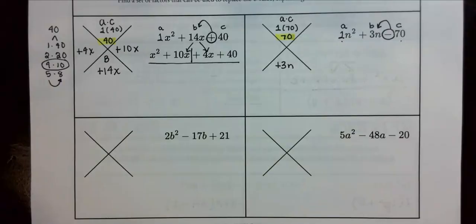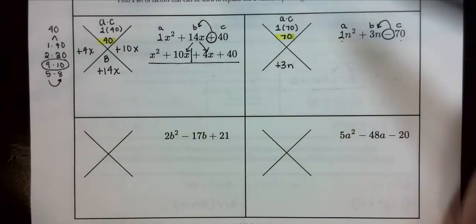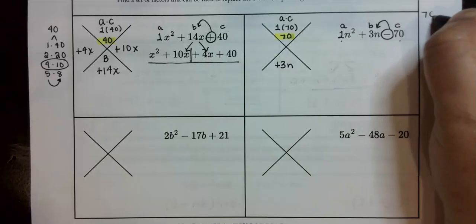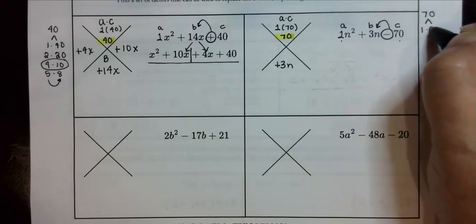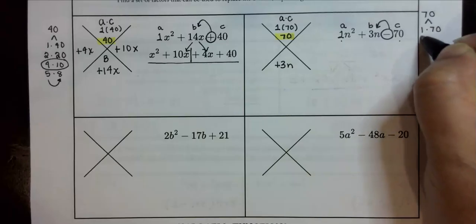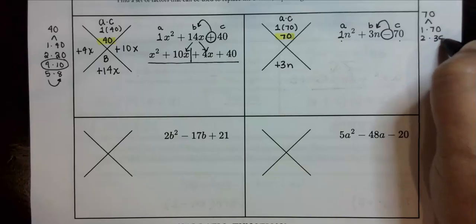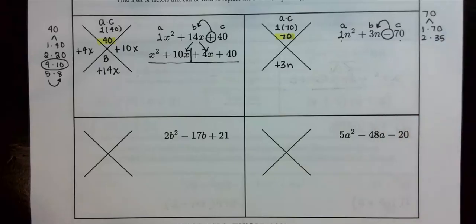So the first thing I'm going to do is take the 70 and list all the factors. I'm going to use this side right here, on the side of my paper, and I always start with 1. 1 and 70, 2 and 35. I'm going to take 70 divided by 3. Doesn't go in evenly. 70 divided by 4 does not go in evenly.